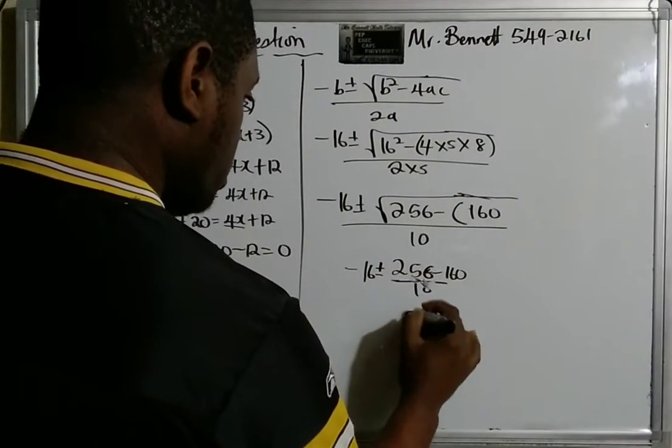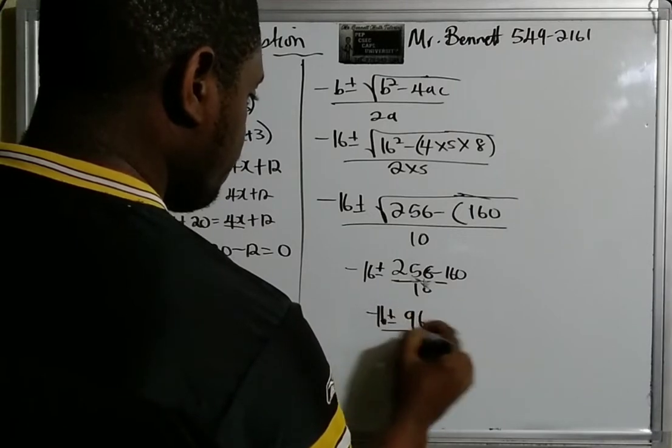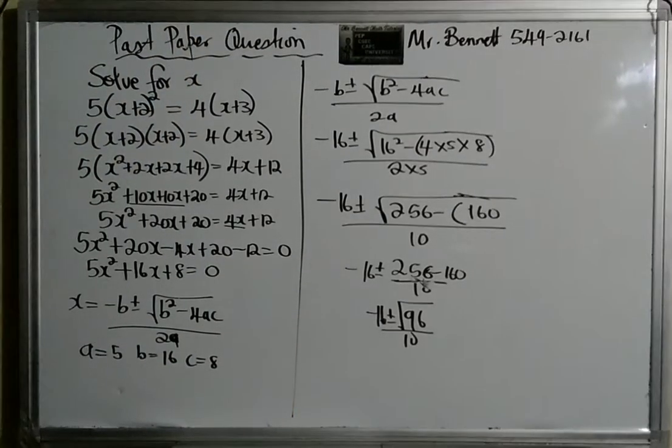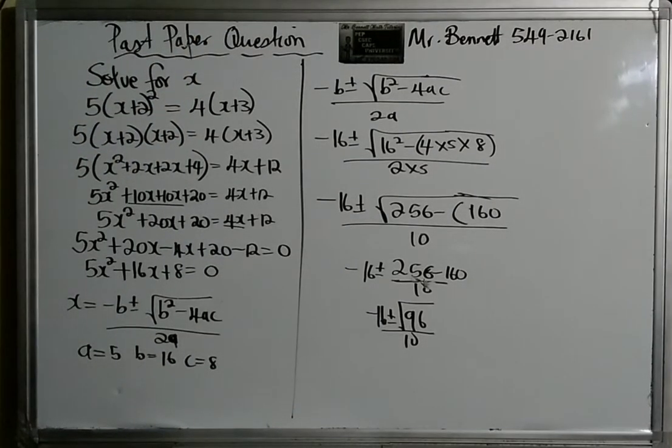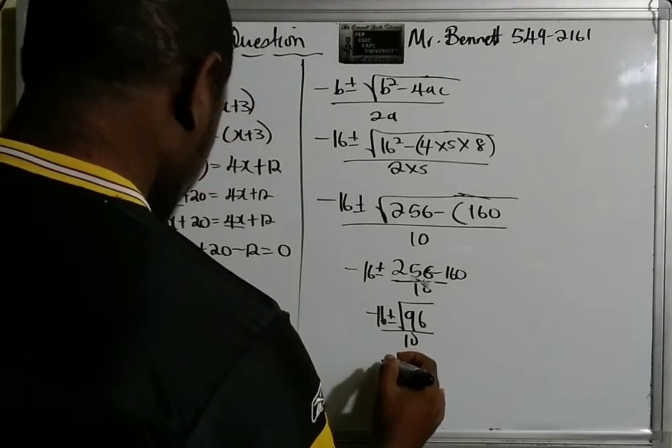That works out to 96 over 10. I'll find the square root of 96, so let me just do that now. The square root of 96 is 9.7, but because we're going to put it to one decimal place, it will be 9.8.